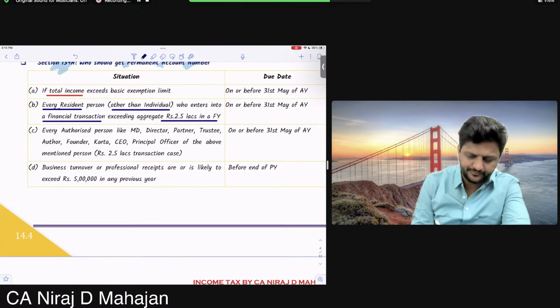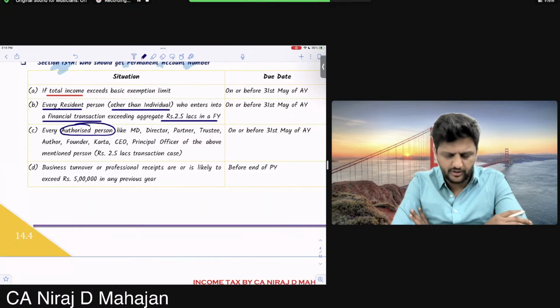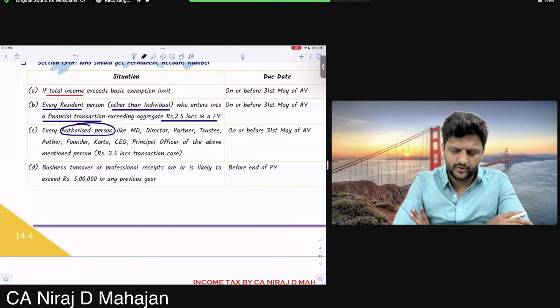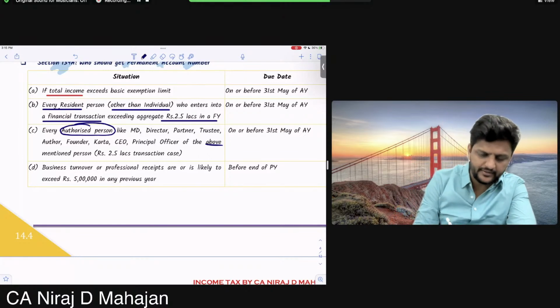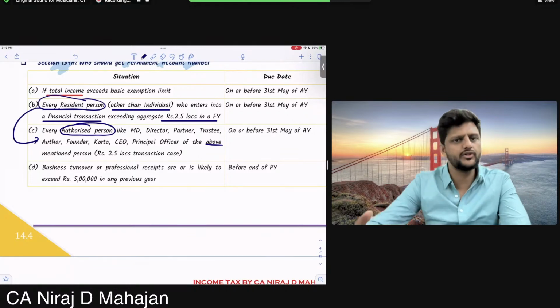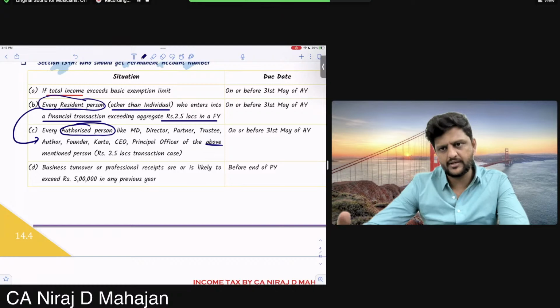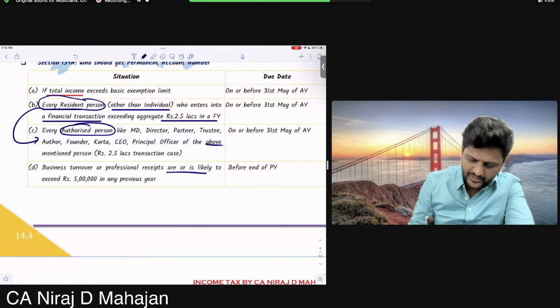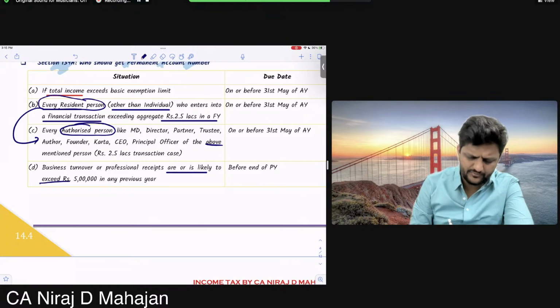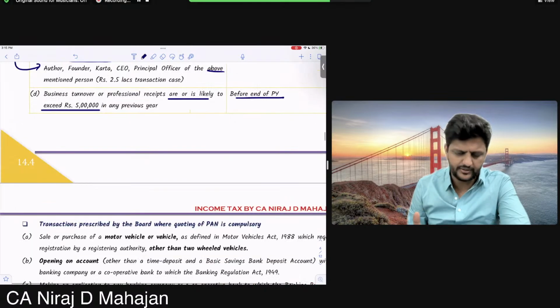Every authorized person like MD, director, partner, trustee, author, founder, karta, CEO of the above mentioned entity. So any manager of those type of persons, entities, even they have to take a PAN. So the entity as well as the MD, etc. And business turnover or professional receipts are likely, are already or is likely to exceed 5 lakhs turnover, then before the end of PY itself you should get the PAN. Okay. So again nothing great.